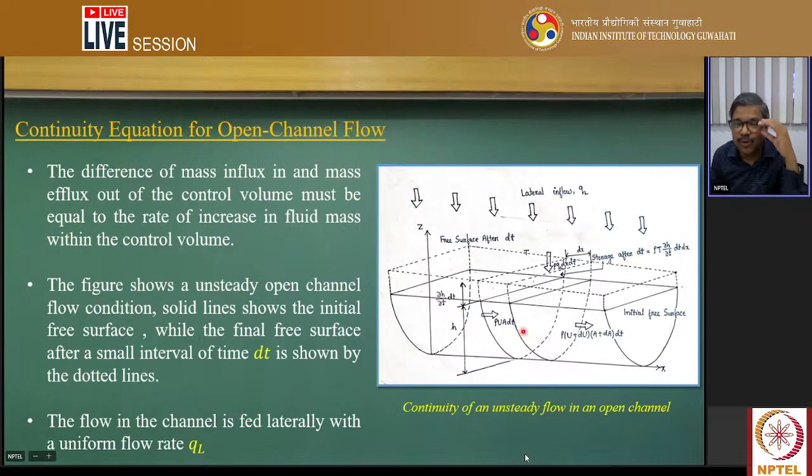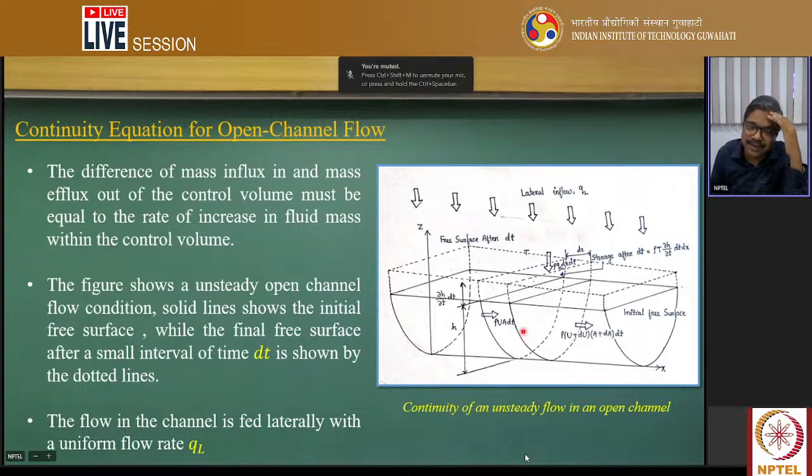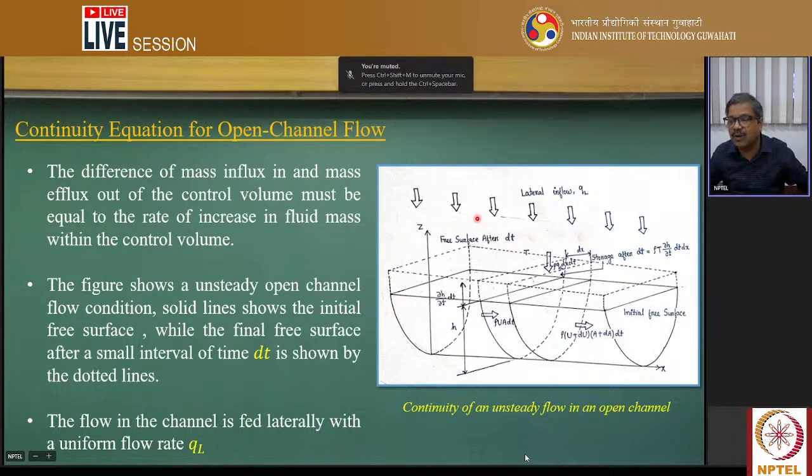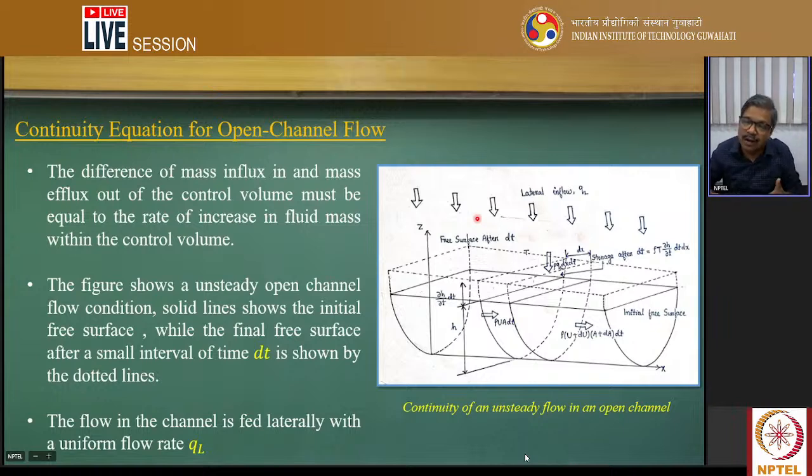Now I'm not going into much detail about how we have derived these basic equations. This is one of the one-dimensional flow equations where we derive the mass conservation. But since it's a river flow, we also give emphasis to the lateral inflow, because groundwater could be coming into the river, or water can seep from the river to the groundwater.